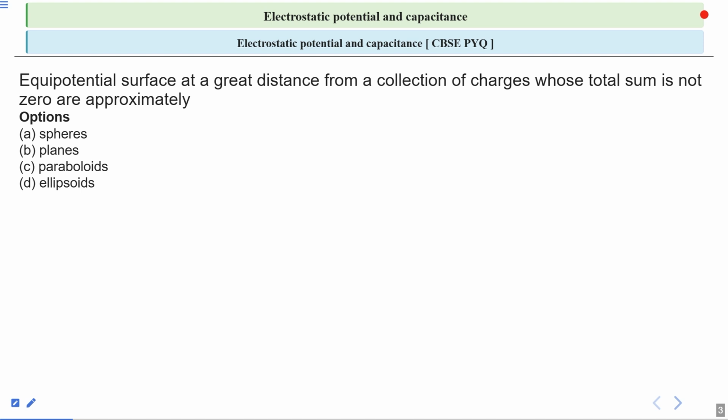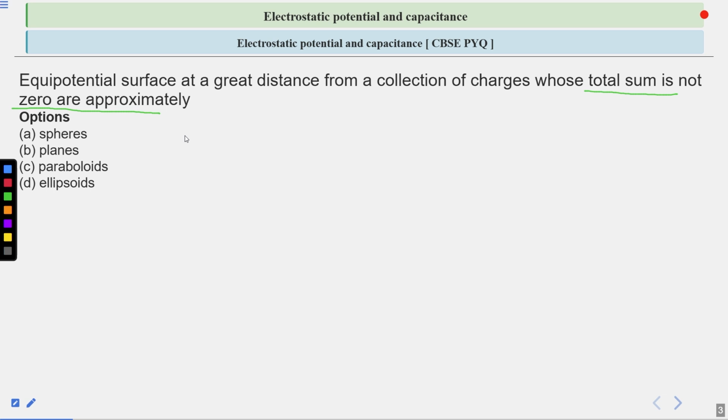So our first question is: equipotential surfaces at great distance from a collection of charges whose total sum is not zero are approximately. So in space there is a collection of charges, meaning a number of charges are present in any configuration, in any formation. We don't know the formation, but their total sum is not zero.